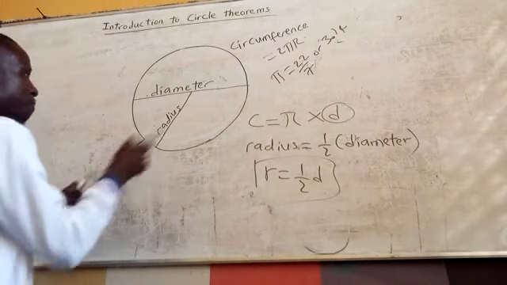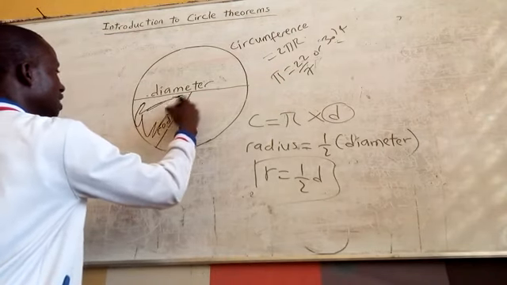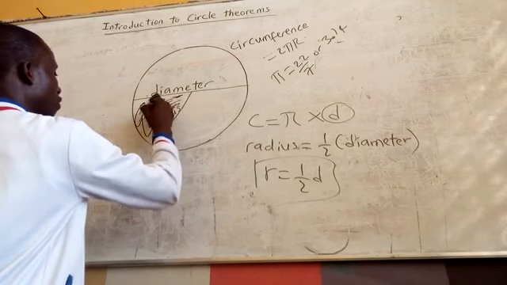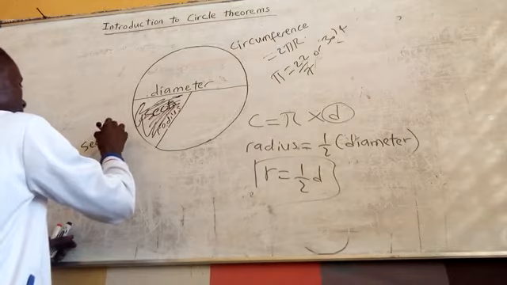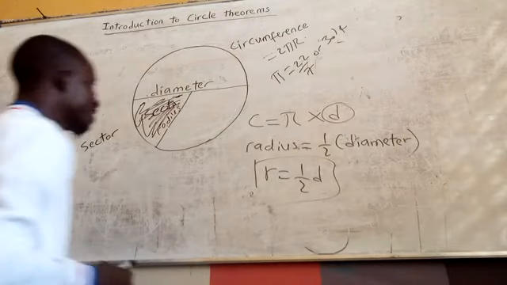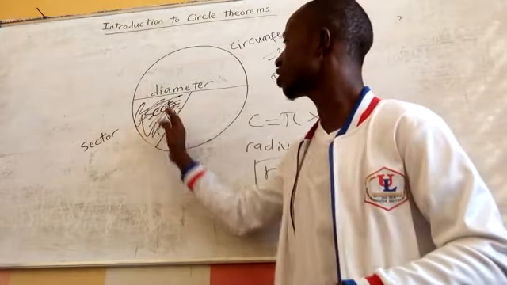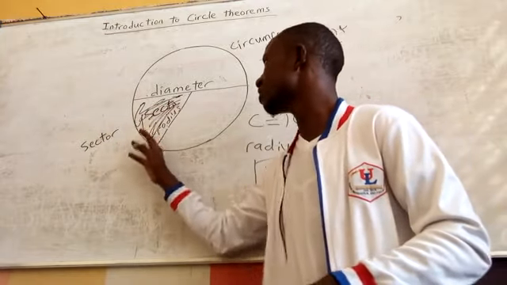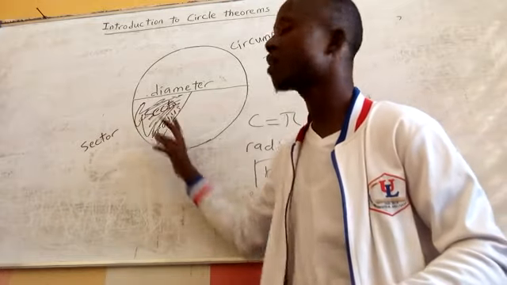Now, this part of the circle that you see is referred to as a sector. A sector is an area of the circle bounded by the circumference at 2 points. So here's the area of the circle that touches the circumference at exactly 2 points.